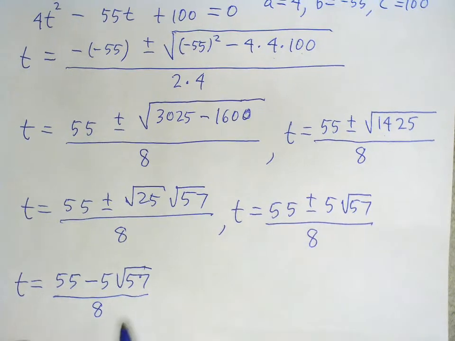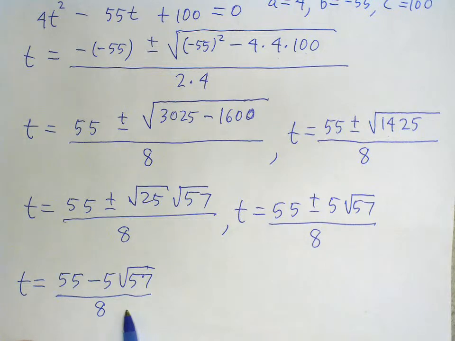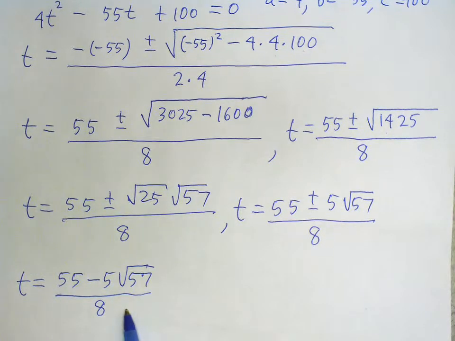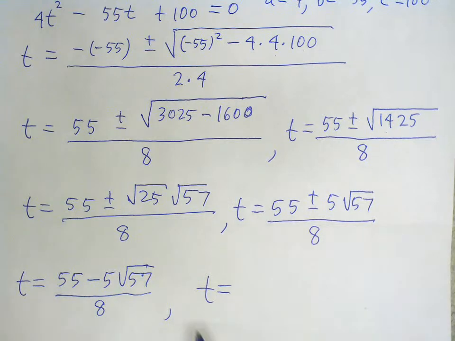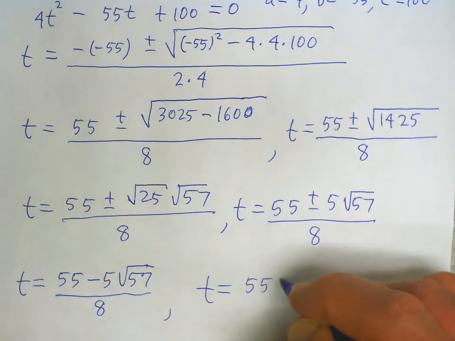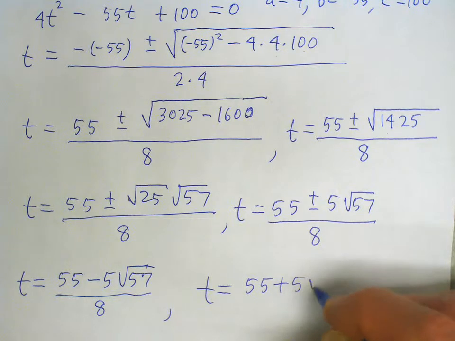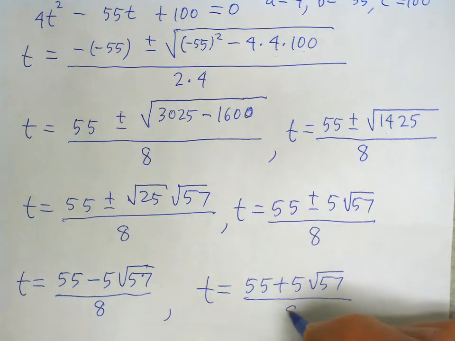So use a calculator to get this number and round it to 1 decimal place, round it to the nearest tenth. And then the t-value where the arrow reaches 400 feet on the way back down is when t is equal to 55 plus 5 times the square root of 57, all divided by 8.